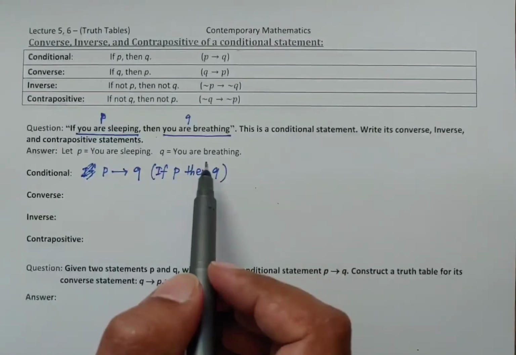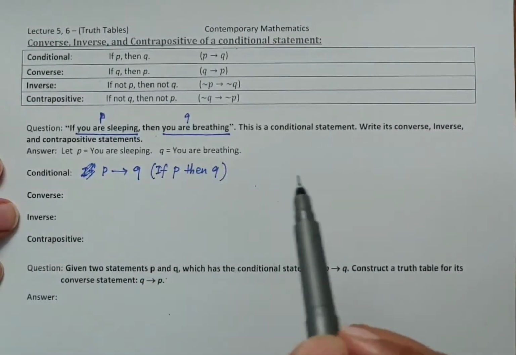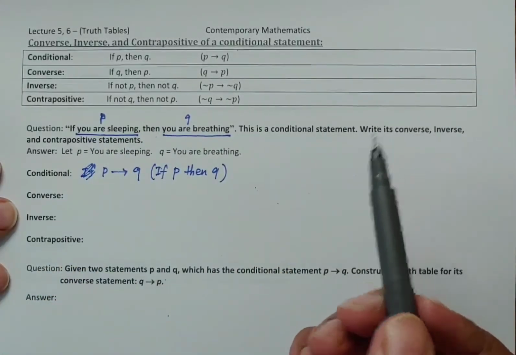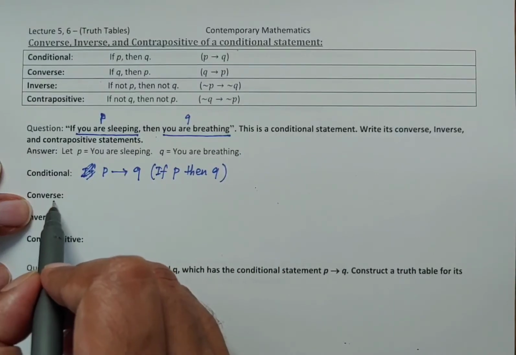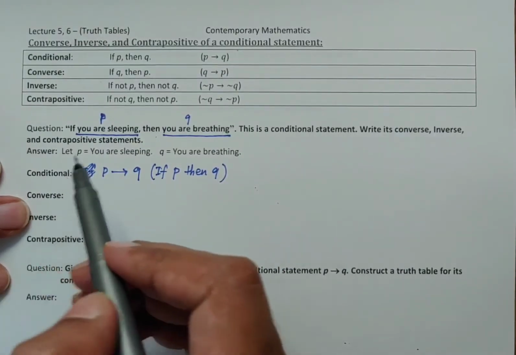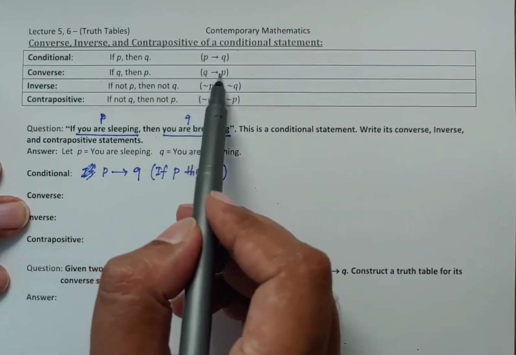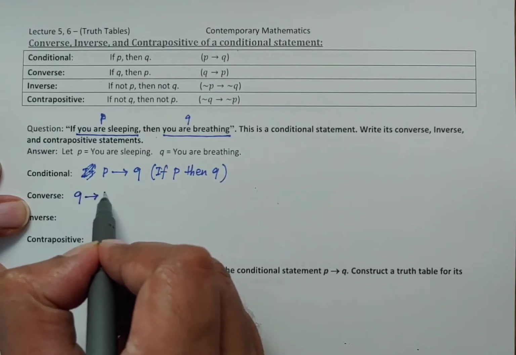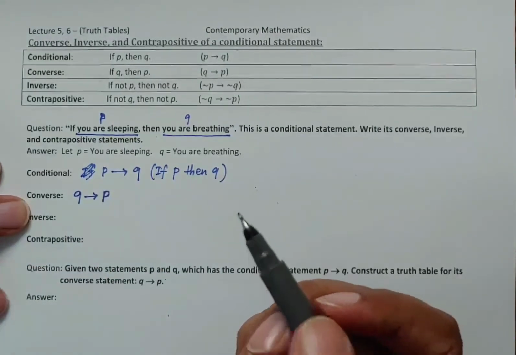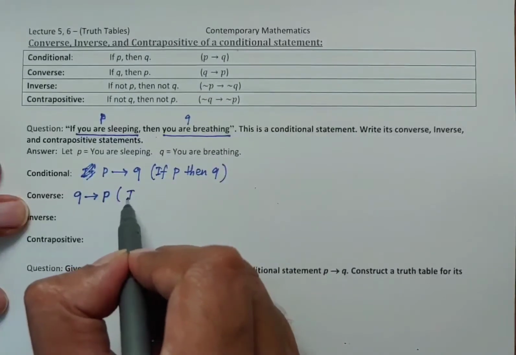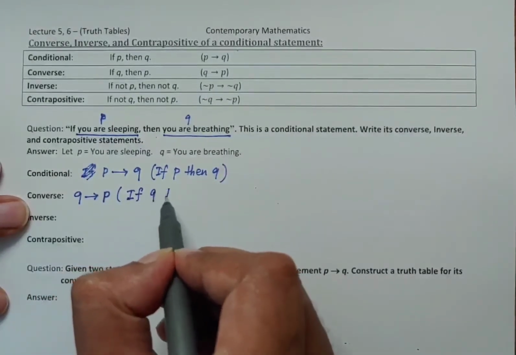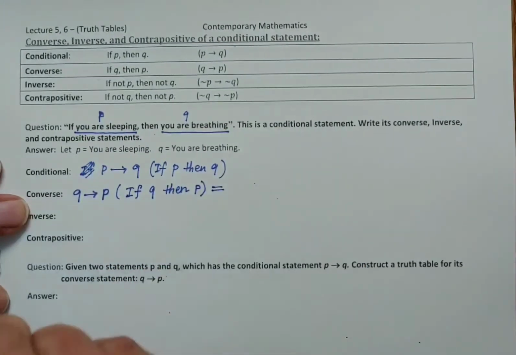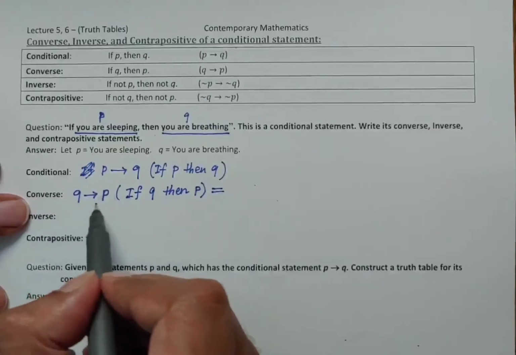But the question is to find the converse, inverse, and contrapositive, and the conditional statement is given in the question. What does the converse look like? To be the converse, we need to have Q implies P, which is if Q then P. So this statement is the converse statement.